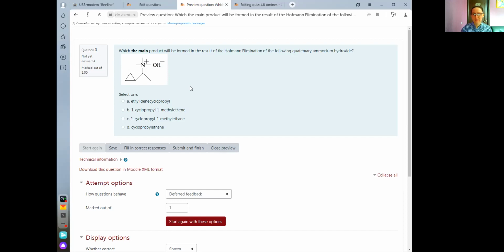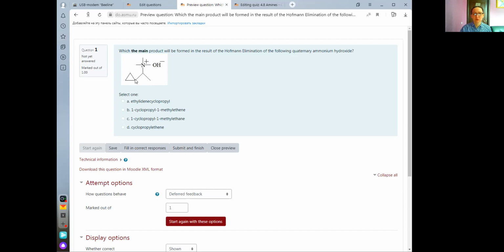Hofmann elimination is the removal of trimethylamine, N(CH3)3 goes away, and the OH group takes some hydrogens with it, giving water. Instead, you will have a double bond, either here or here.